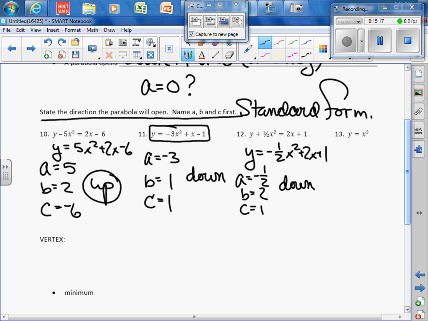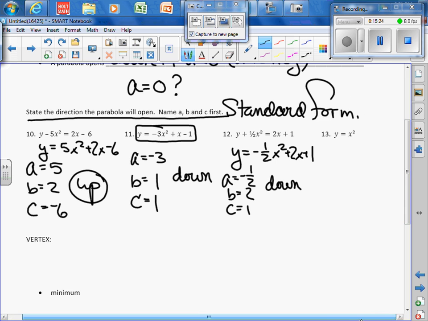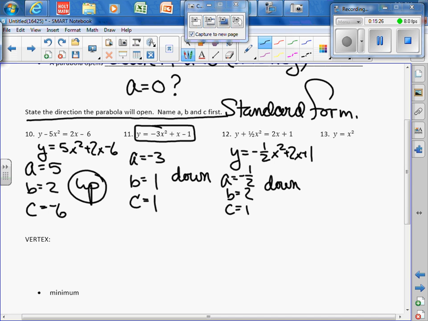In number 13, oh, this one's different. What do we have here? Well, we have 1x squared. Is this quadratic? Yeah, as long as you have an x squared, you have a quadratic. So just remember that all you need is the x squared. Well, what's a equal to? 1. There's a 1 in front of that x squared.